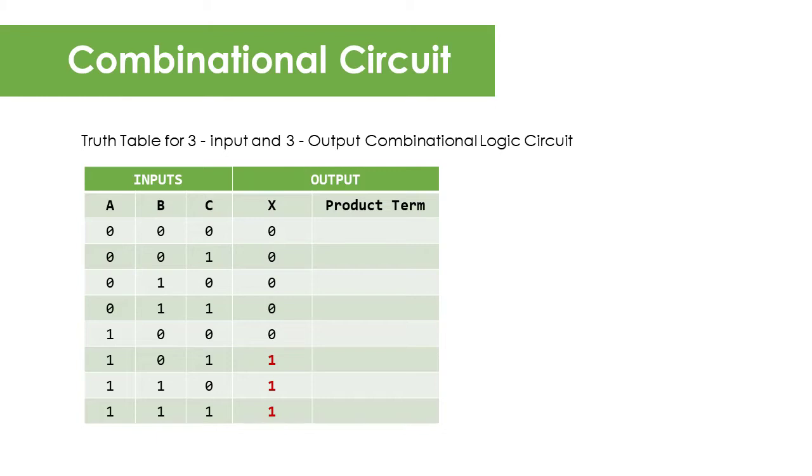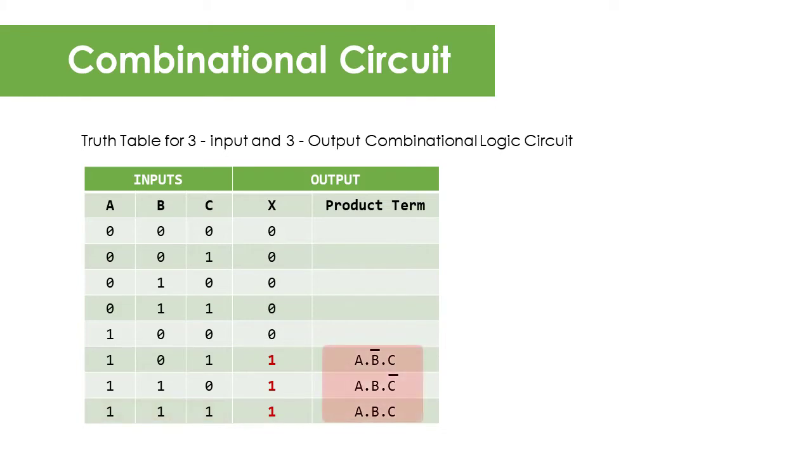So if we have inputs A, B, and C at 1, 0, 1, then to produce an output X of logic 1, using an AND gate to derive the product term, we should have all the inputs A, B, and C to be at logic 1 as well, as in A, B bar, C, inverting only the value of B. And for the input condition of 1, 1, 0, then the product term should be A, B, C bar. And finally, the input condition of 1, 1, 1, then the product term is simply ABC.